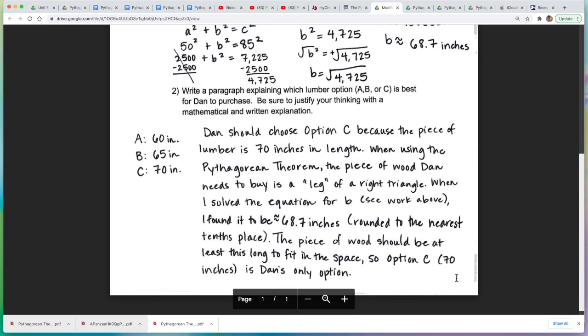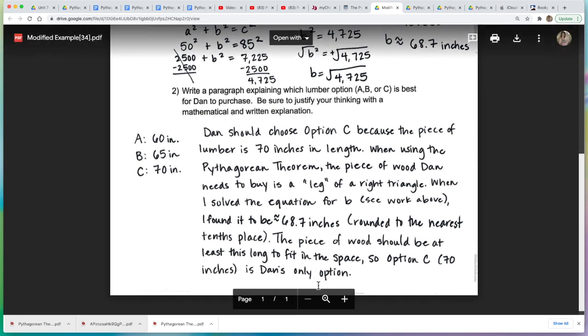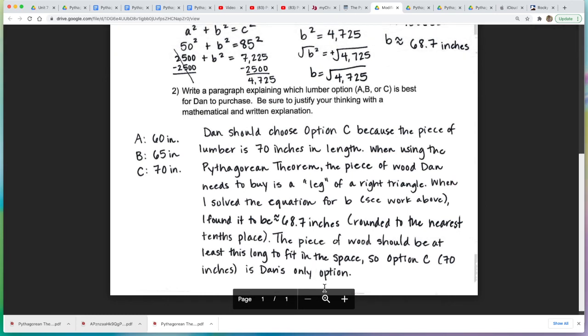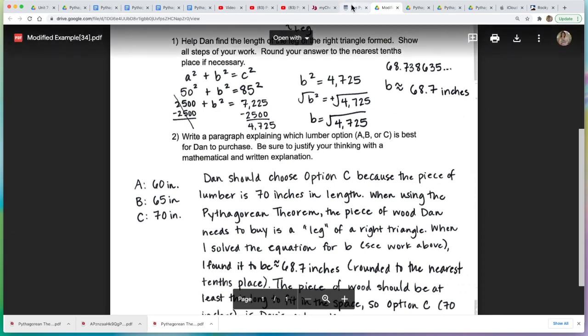When using the Pythagorean theorem, the piece of wood Dan needs to buy is a leg of a right triangle. When I solved the equation for b, I found it to be about 68.7 inches, rounded to the nearest tenth place. The piece of wood should be at least this long to fit in the space. So option C is Dan's only option.